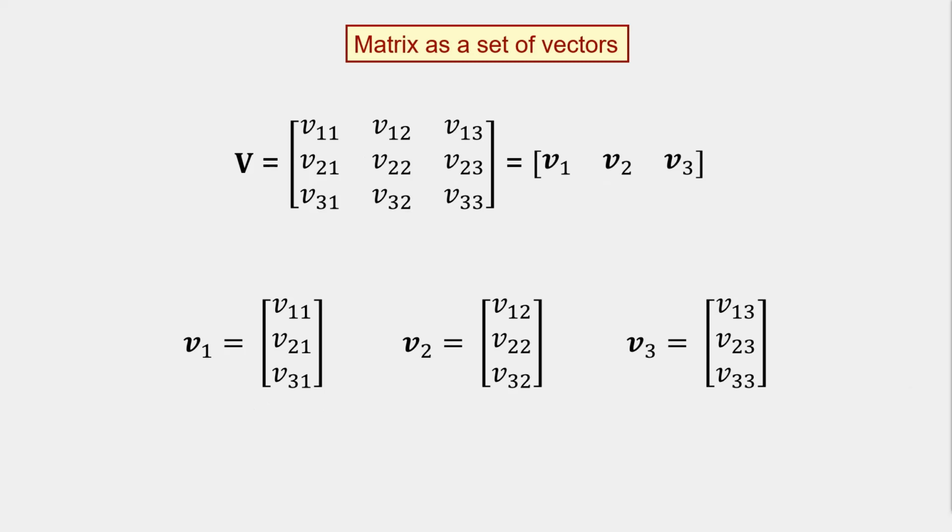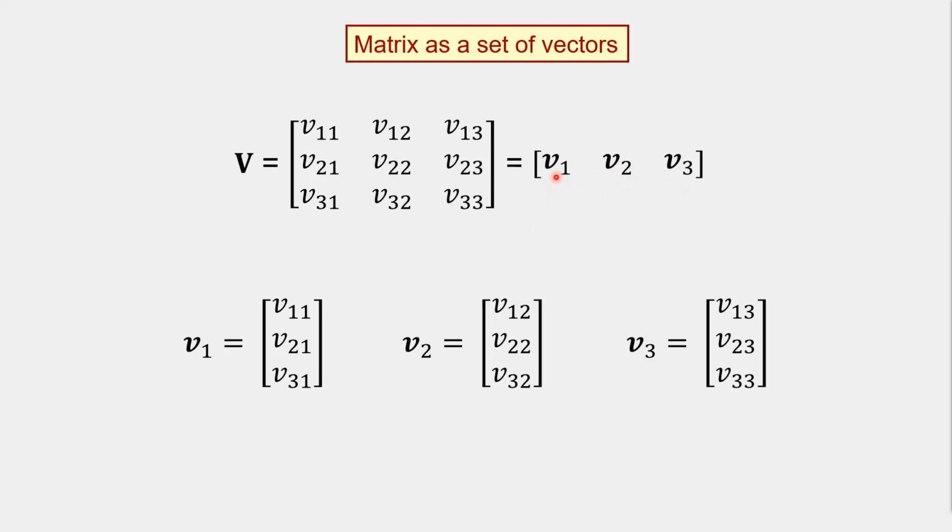We can look at matrices, as I said before when we were talking about matrix multiplication, as sets of vectors. We can consider each column of a matrix as a vector. So we can write big V here, the matrix, as little v1, little v2, little v3. And something I forgot to say before is that when we're talking about vectors, we normally give them a lowercase letter.